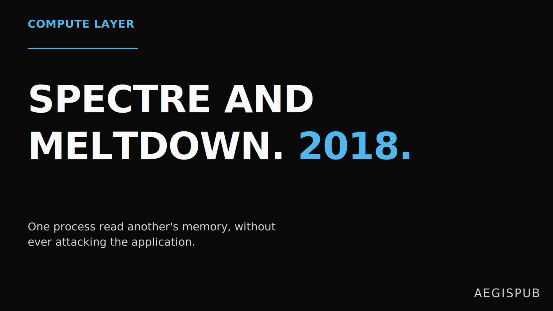Mitigating Spectre required a change to how the shared mechanism, the CPU's speculative execution pipeline, was used, specifically the flushing of branch predictor state on every context switch between processes from different trust domains.